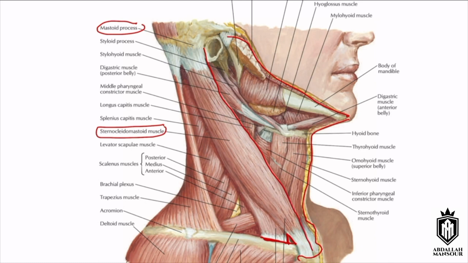However, this triangle is divided into four subtriangles, starting from this important muscle, the digastric muscle, the anterior and posterior belly of the digastric muscle, right there. So it will divide it into a triangle above it and triangles below it as well.